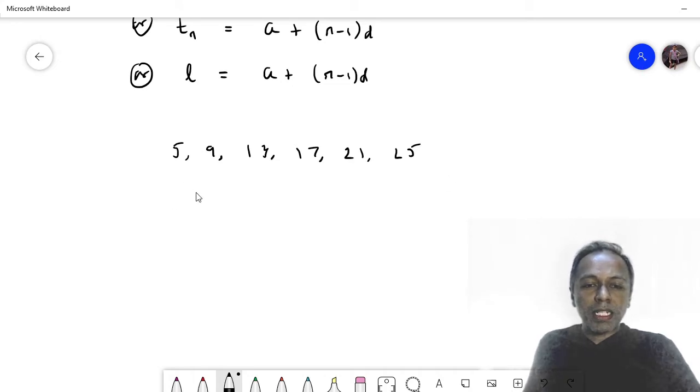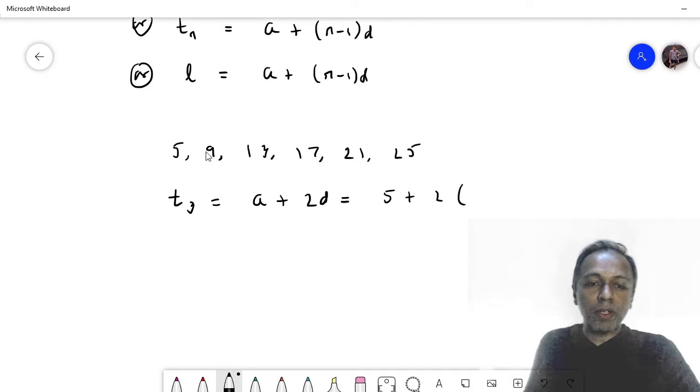Now it is understandable that if we ask you what is the third term, then the third term can be written as A plus 2D, which is 5 plus 2 times the common difference 4, as mentioned before also, is equal to 13. So there is no great step here. You can directly, even by observation, claim that.